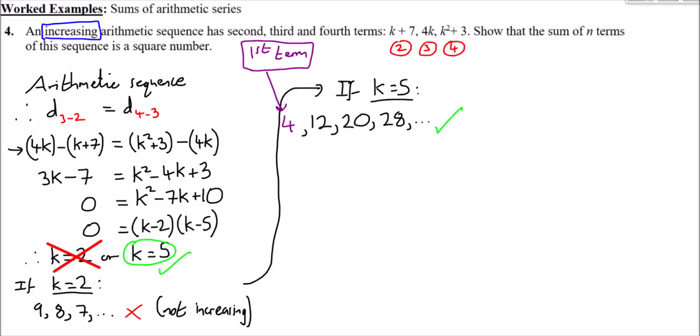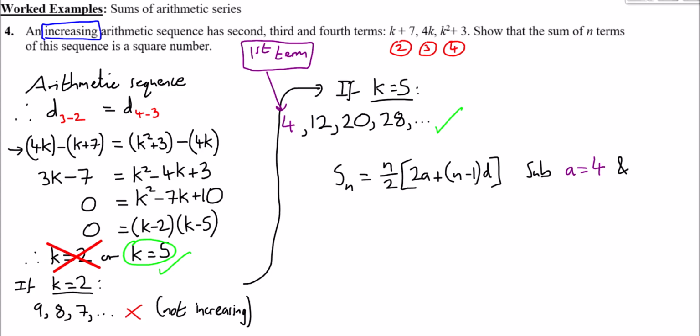So, now we know that, we can proceed quite easily, in fact. So the sum of the first n terms is n over 2, 2a plus n minus 1 lots of d. Now we can just sub in that the first term is 4, and we also can see that the common difference is 8.